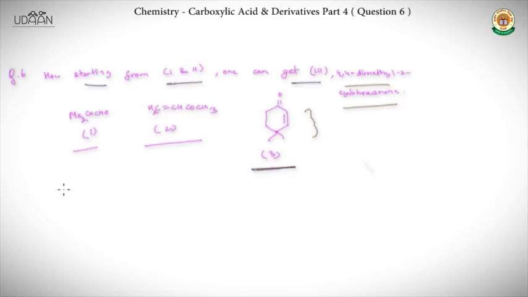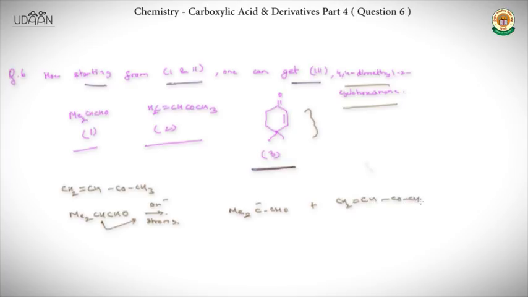The first one, just at the second one, at the first one, in a strong basic condition, so that the alpha hydrogen, which is acidic, can be removed, and we get Me2C minus CHO, that is a carbanion, and it can react with CH2=CH-CO-CH3.